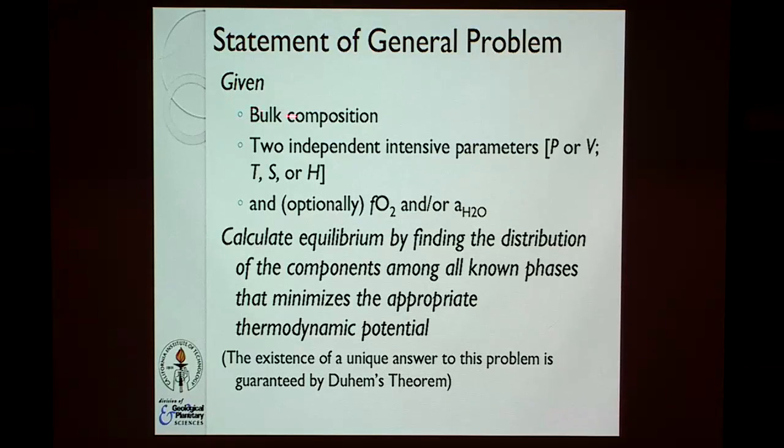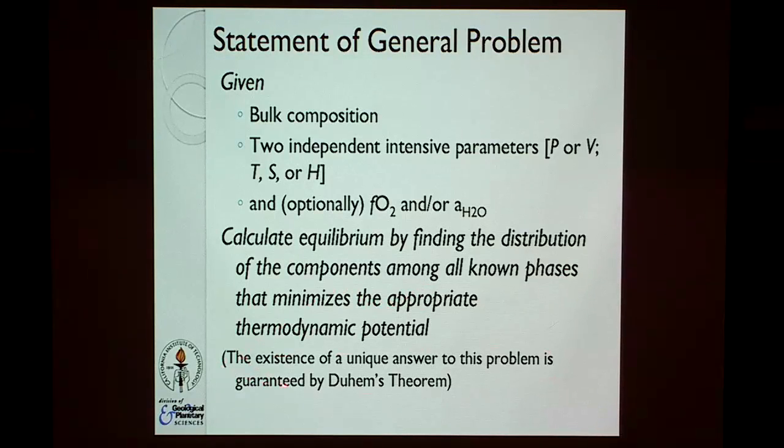Given a bulk composition, expressed here as grams of oxides, okay, given 2 independent intensive parameters, such as pressure and temperature, or volume and temperature, or pressure and entropy, etc., and optionally given a constraint on the oxygen fugacity or the water activity, what you want to do is calculate thermodynamic equilibrium by finding that distribution of your bulk composition among all of the known phases, the phases being minerals, silicate liquid, and pure water vapor, that minimizes the thermodynamic potential. Okay?